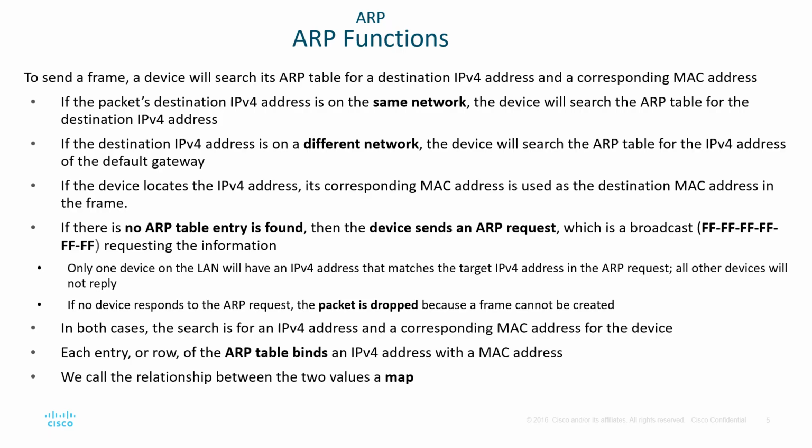If there is, however, no ARP table entry, then your device will send out an ARP request. So it'll go out as a broadcast. Thinking in MAC addressing, a broadcast is all Fs, which correlates to all ones. All ones mean a broadcast.